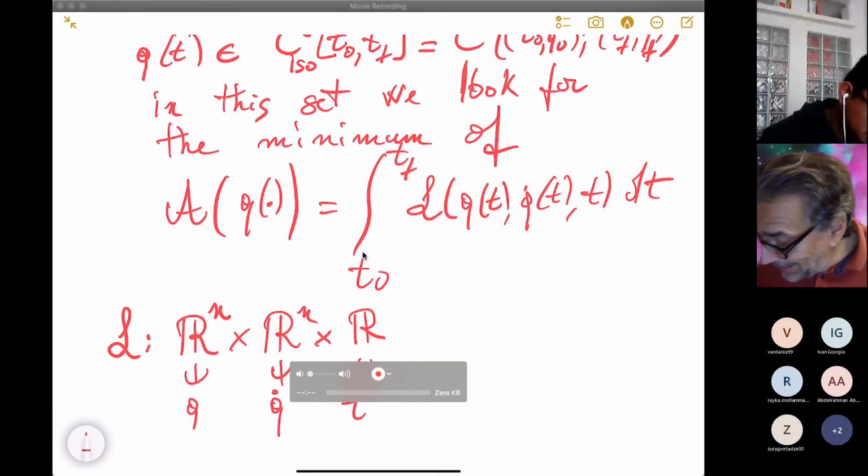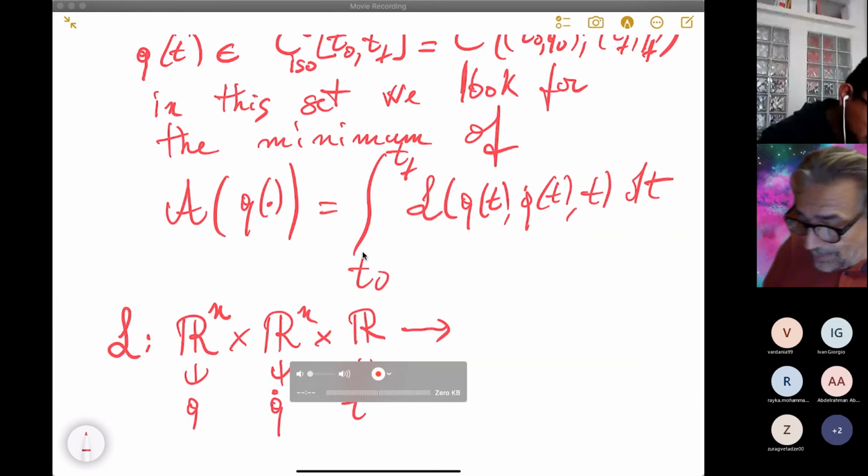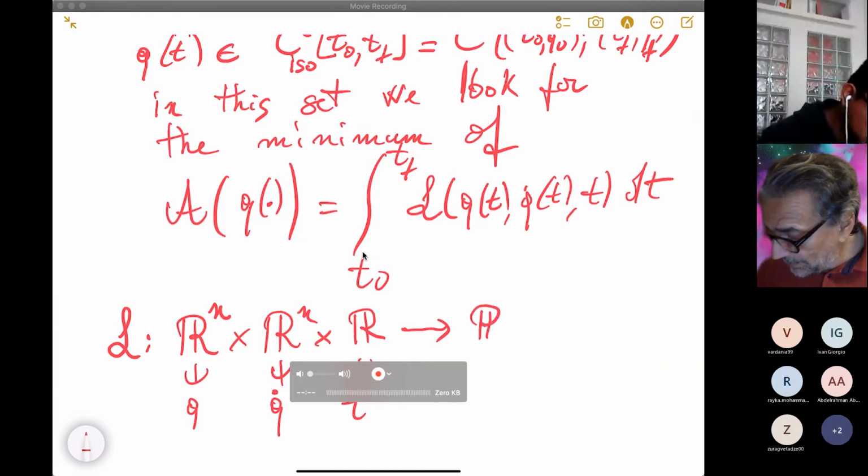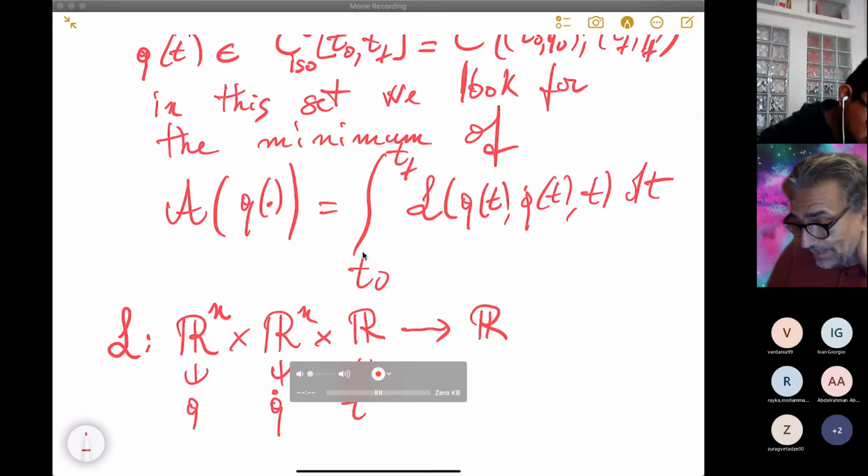And it maps these triples into R. So it is a real number.